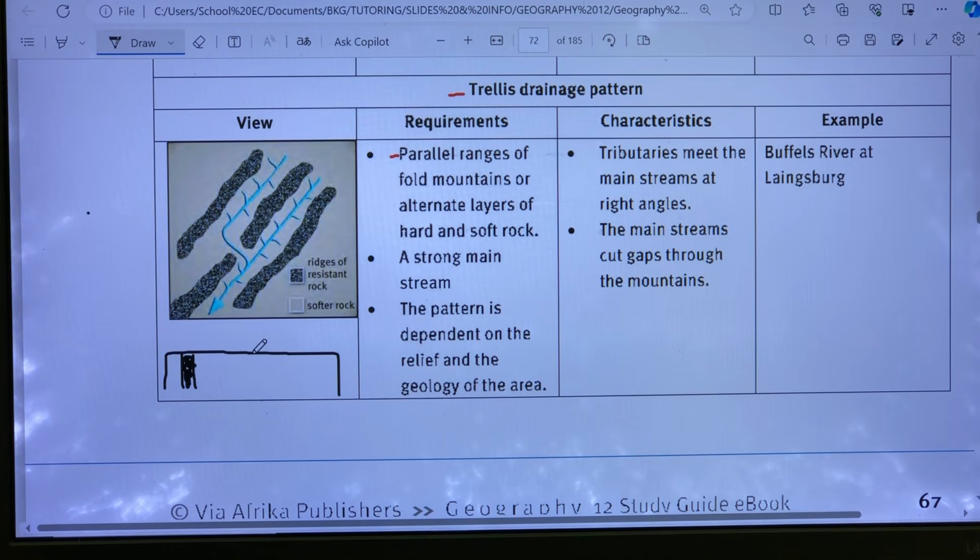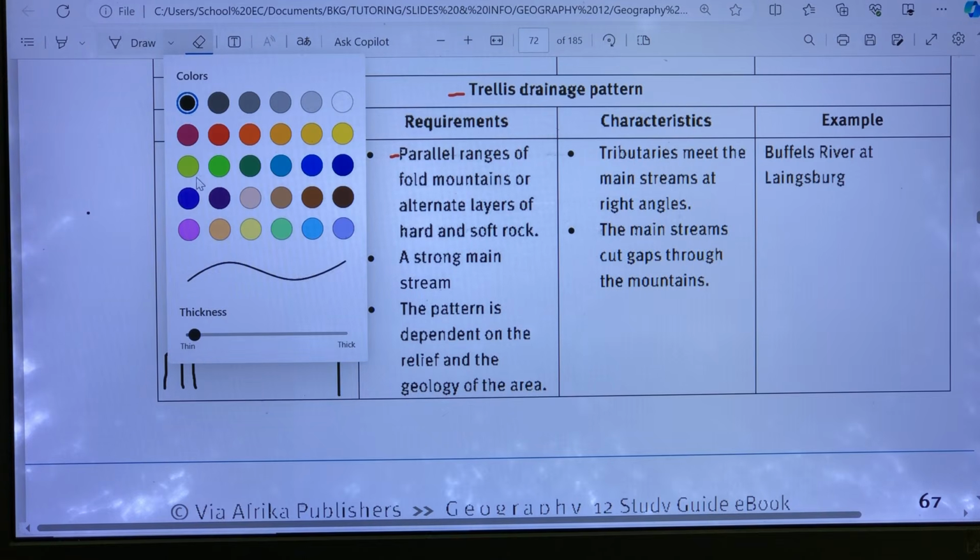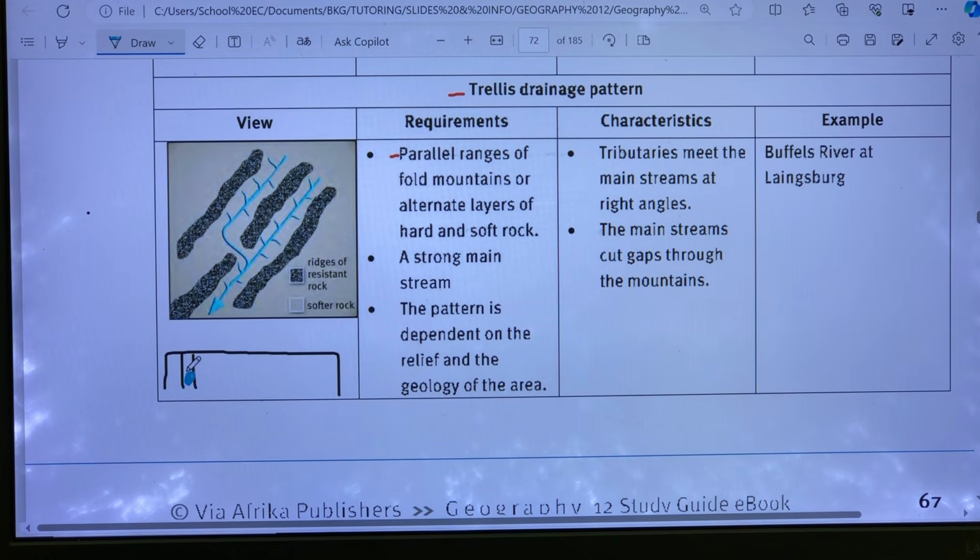Let me remove that so that I can shade with blue. Let me use that blue. This means that this allows water to run through to form a river. This rock is a soft rock. It allows erosion to occur.